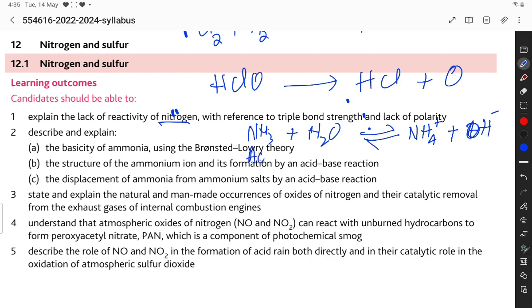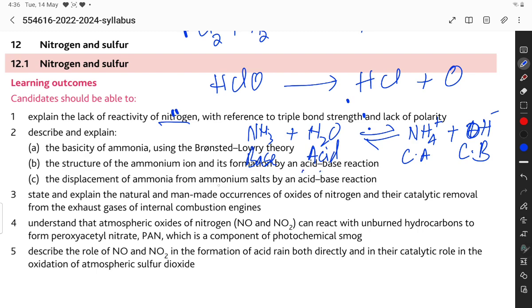A proton acceptor is a base and a proton donor is an acid. So water is the proton donor, ammonia is the proton acceptor, ammonium ion is the conjugate acid, and hydroxide ion is the conjugate base. The structure of the ammonium ion is tetrahedral, formed by an acid-base reaction.